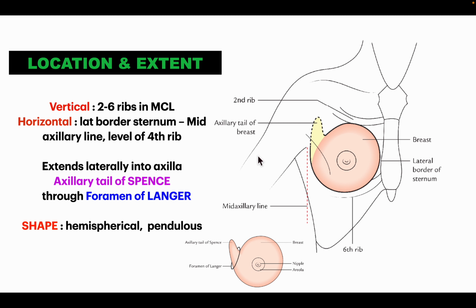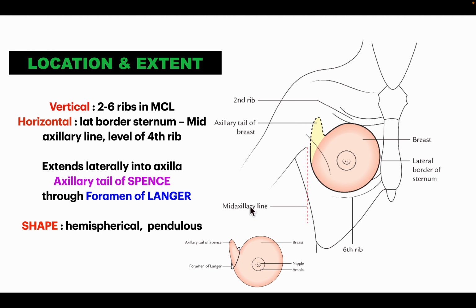Now we can see the mammary gland is extending laterally into the axilla also. That is known as the axillary tail of the mammary gland, and it is passing through the foramen known as the foramen of Langer. Can you see here, this is the axillary tail of the mammary gland, and this foramen is the foramen of Langer, which is formed by the axillary fascia.